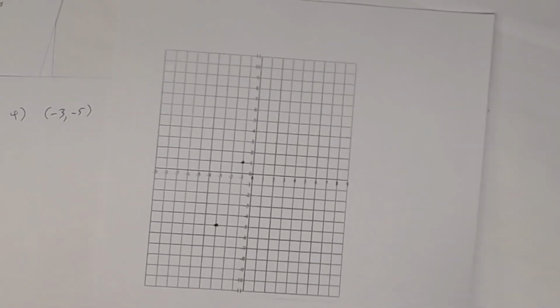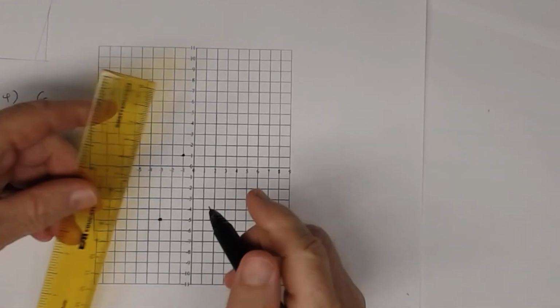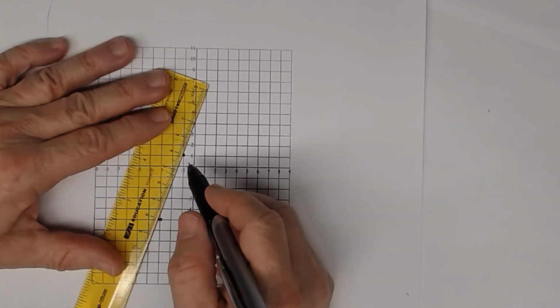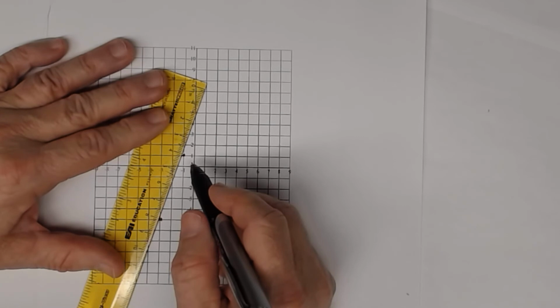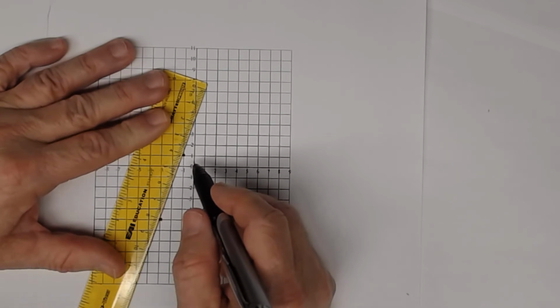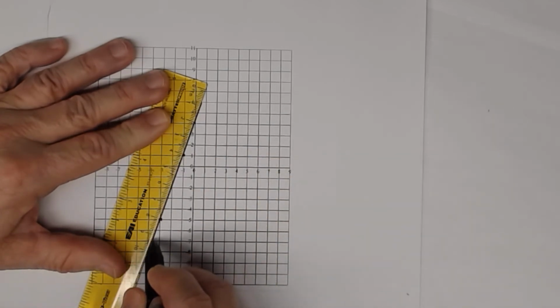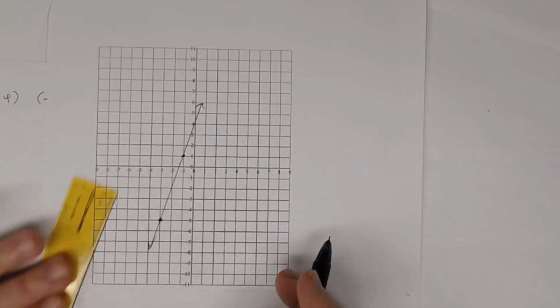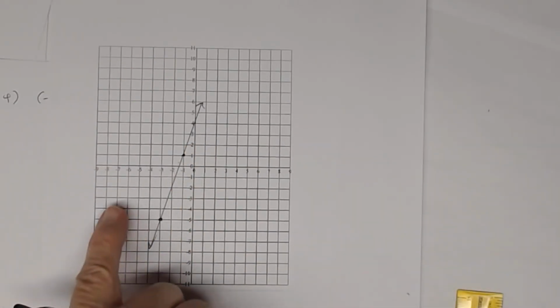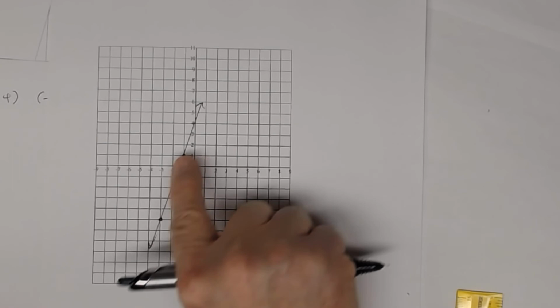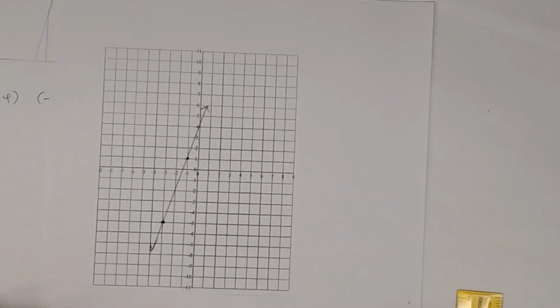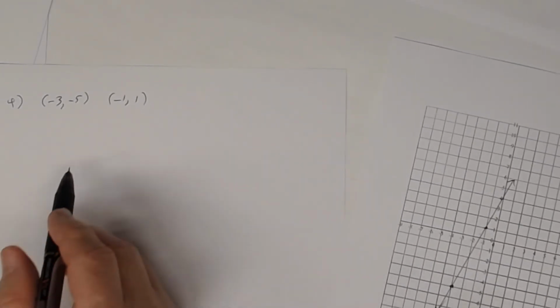All right, so if you were to draw the line, you're basically trying to find the equation of this line right here, right? Okay, so we know that the line rises from left to right, so we know the slope's going to be positive. All right, so let's go ahead and find the slope.